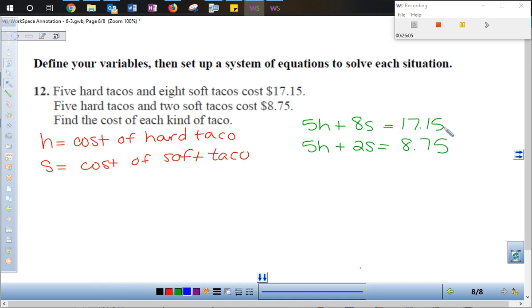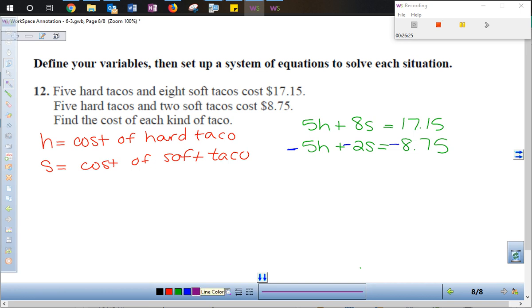So here it is, all lined up and ready to go for elimination, but again, nothing's going to eliminate. I can easily make my H's eliminate if one of these was negative. So I'm going to choose my second one and just change the signs in all of those terms.